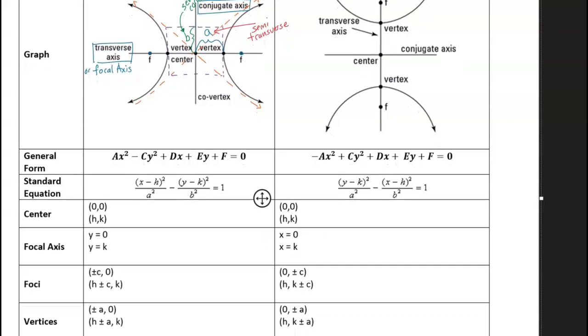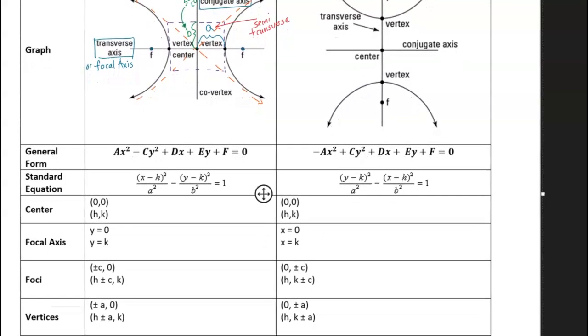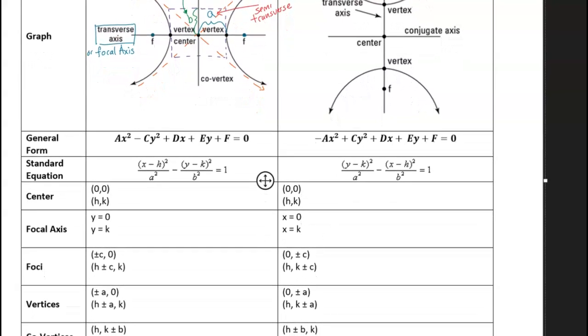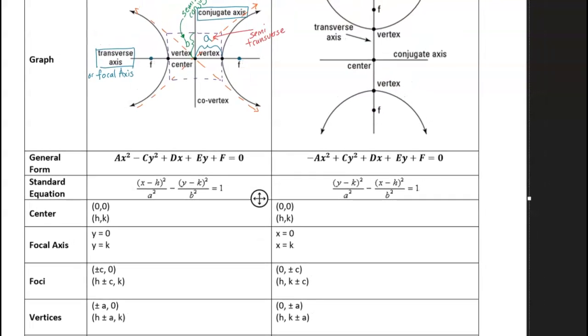But notice in these two hyperbolas here, this left-hand hyperbola is horizontal because the x value is the positive term. And notice that our right-hand hyperbola is vertical because the y value is the positive.